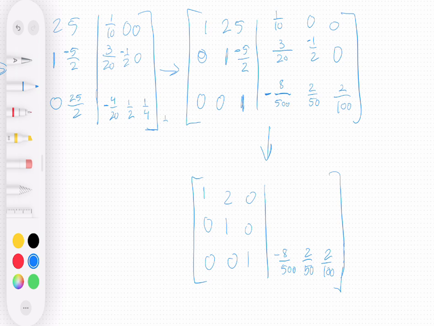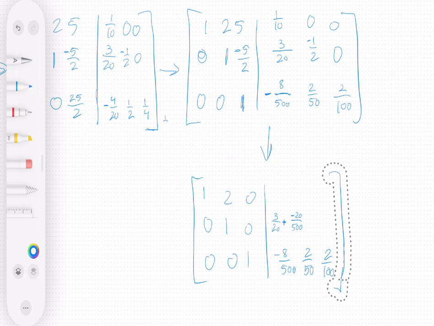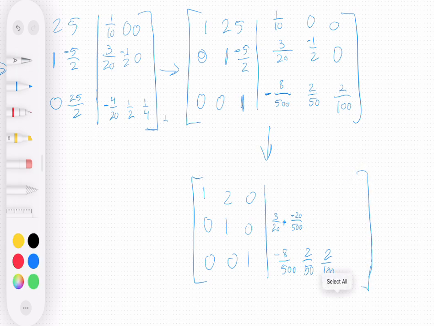So that would be 3 over 20 plus, and we'll do this math a little bit later, 3 over 20 plus negative 20 over 500. I'm going to go ahead and move this over.